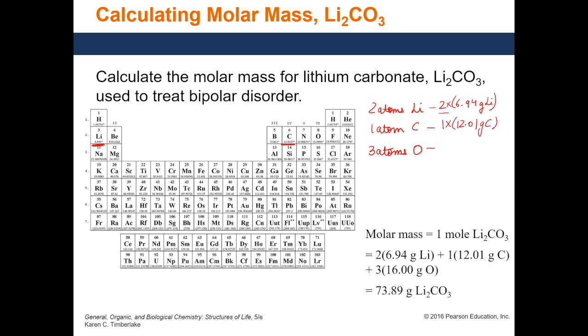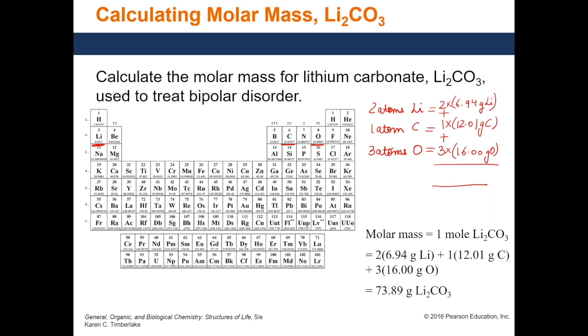We'll add that up. And lastly we have 3 atoms of oxygen. One atom weighs around 16.00. Always round the number to 2 decimal places from your periodic table. And we have 3 atoms, so 3 times 16.00 grams of oxygen. You add it all together, and that would give you the final molar mass of lithium carbonate.